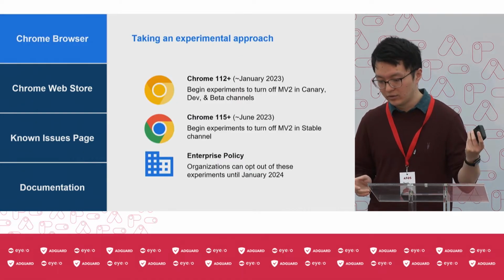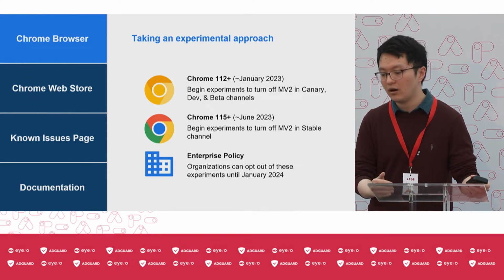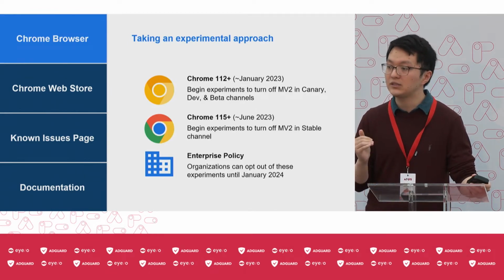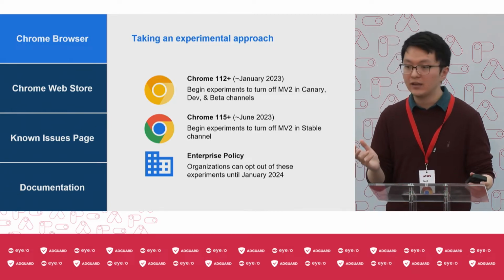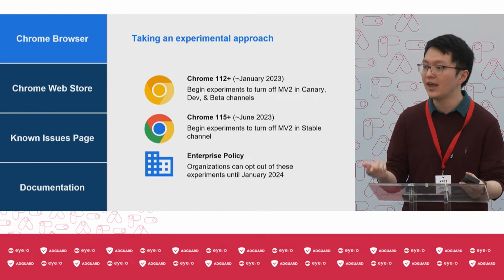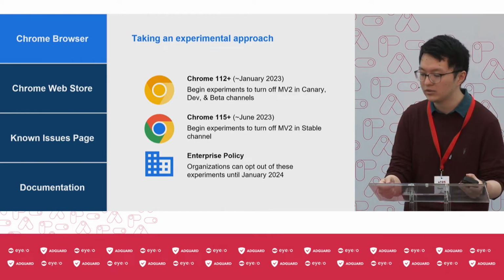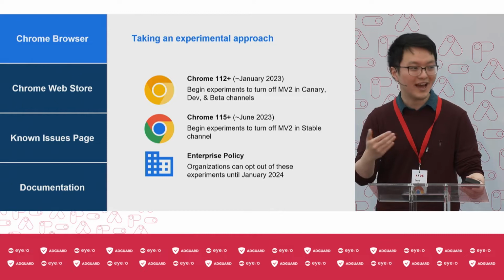So really quickly to get started, the first set of changes are the updates to the timeline with respect to the Chrome browser. Back in 2021, we had published a post about the Manifest v3 migration timeline that was very clear about what was going to happen in 2022.